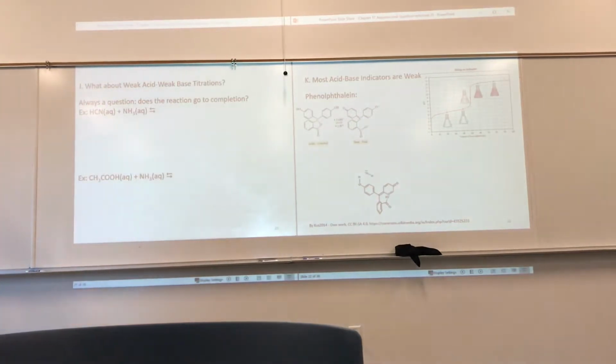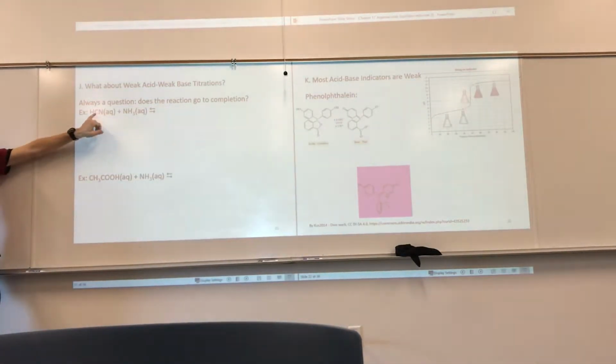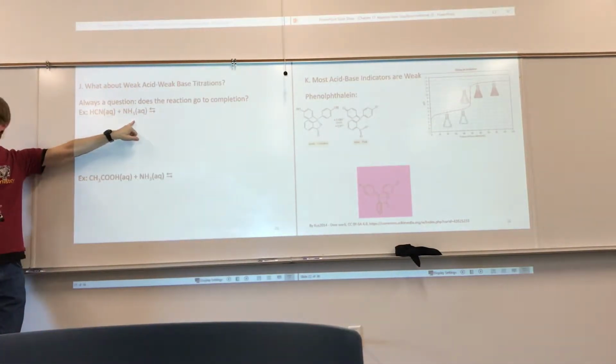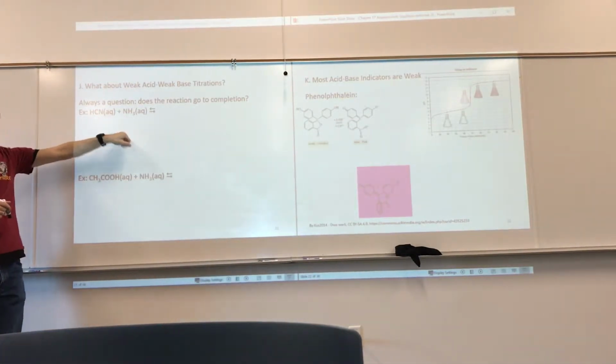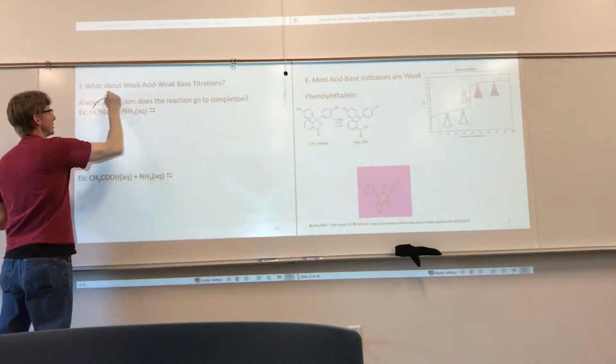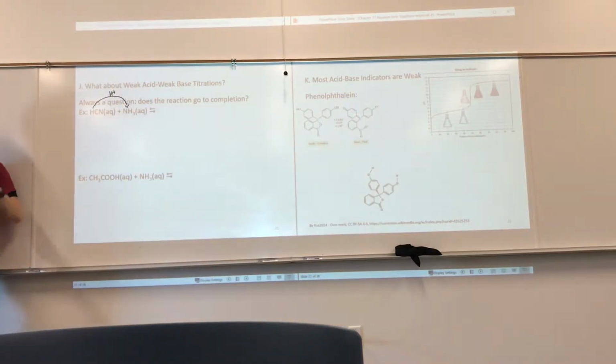Well, we haven't done weak acid, weak base titrations. Always a question: does the reaction go to completion? Well, let's talk about this. So HCN is a weak acid, ammonia is a weak base. We can write what the reaction is, and we'll thank Rachel for this.